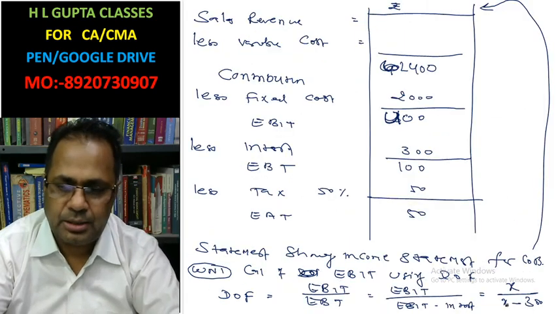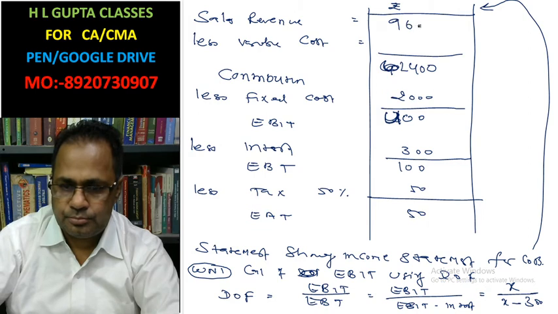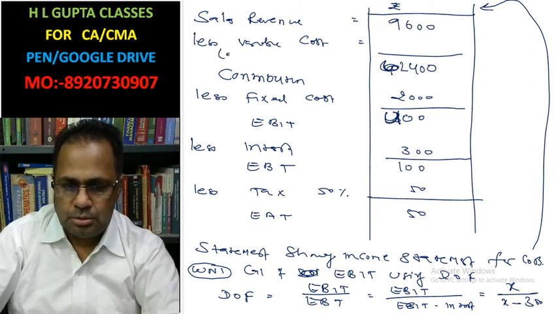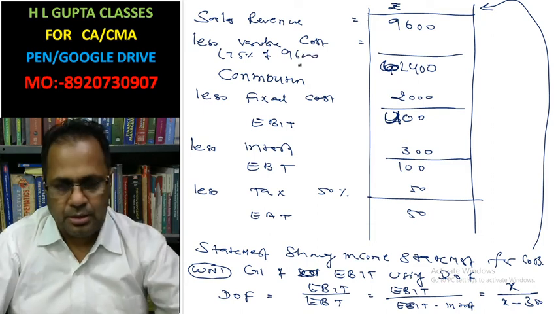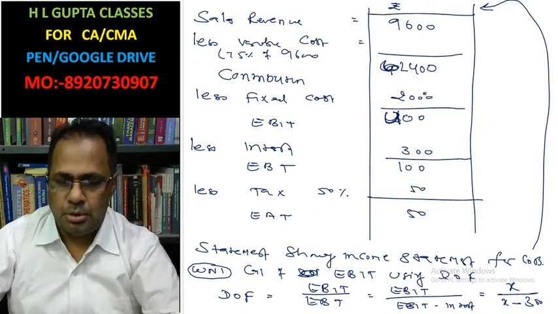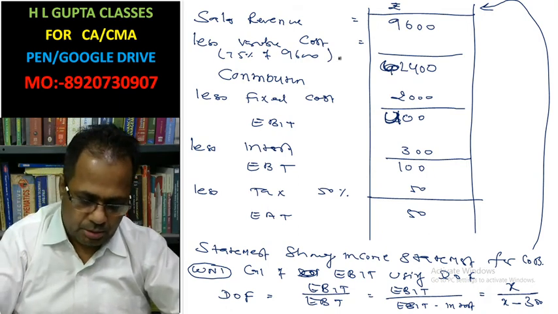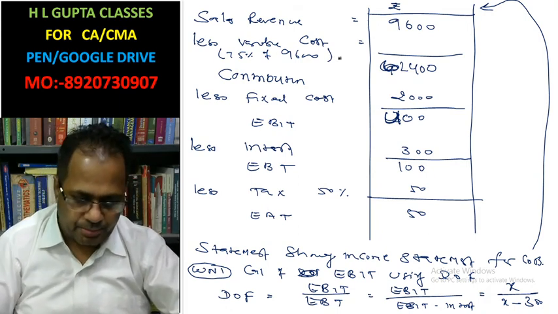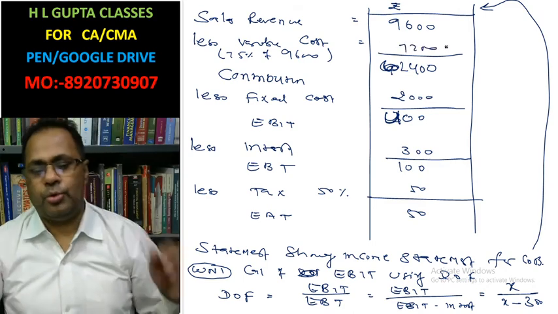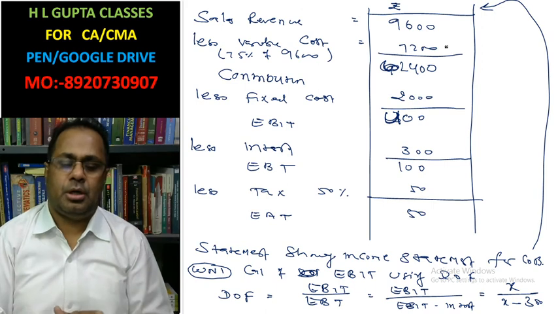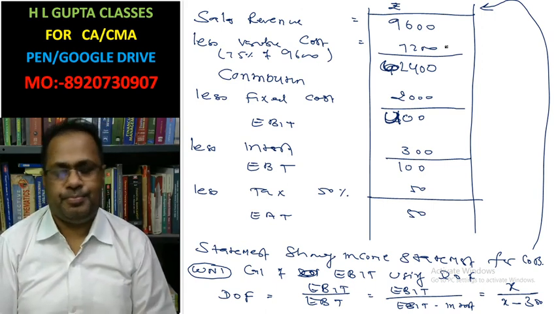So you write here sales 9600, variable cost is 75% of 9600, that is 7200. Now you have shown the income statement for company B.